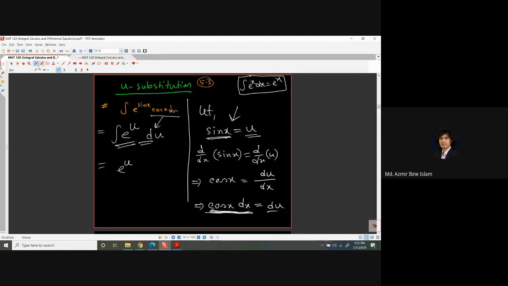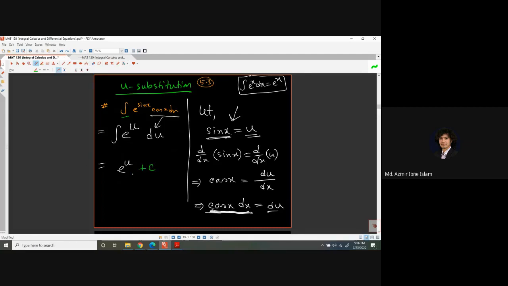Remember, whenever you apply the U-substitution method, your function should be the suitable one, otherwise calculations will be difficult. Integration of e to the power u with respect to u gives us the antiderivative e to the power u. Since we started with an indefinite integral, there is no lower and upper limit, so we add a constant c.